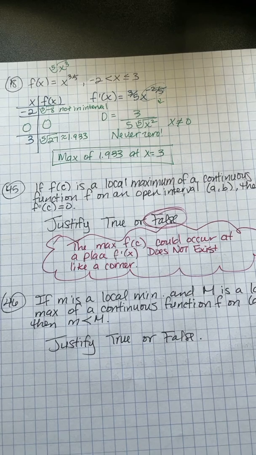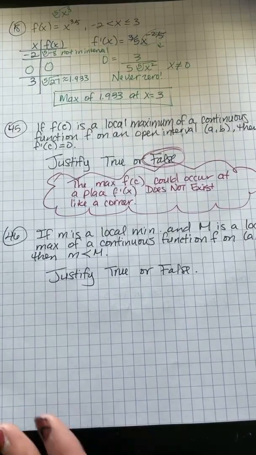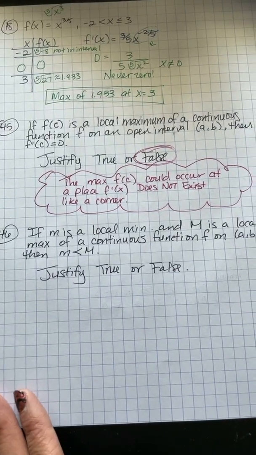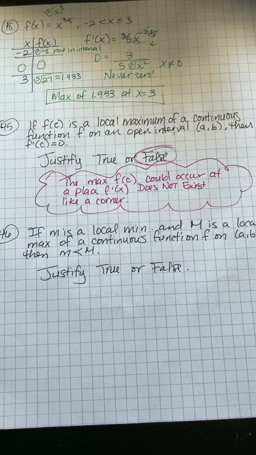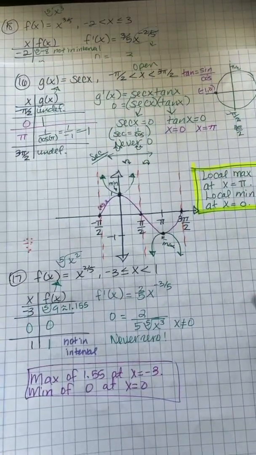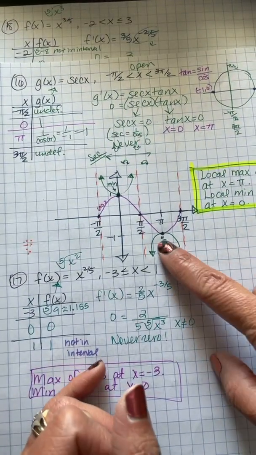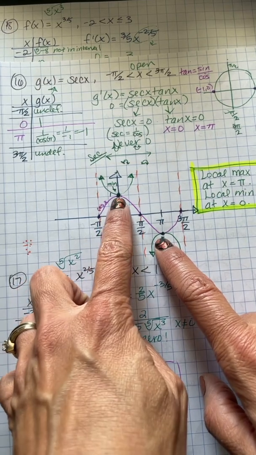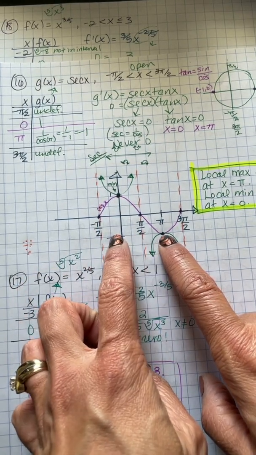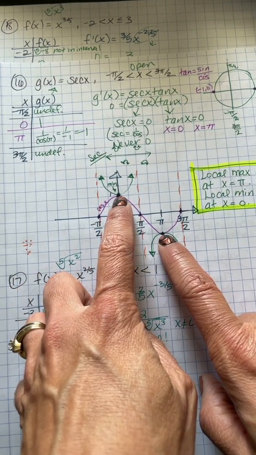All right, so number 46, if lowercase m is a local minimum, and capital M is a local maximum of a continuous function f on an open interval a, b, then lowercase m is less than uppercase M. Justify true or false. Well, if we look at number 16, we had a local maximum that had a lower y value than the local minimum.